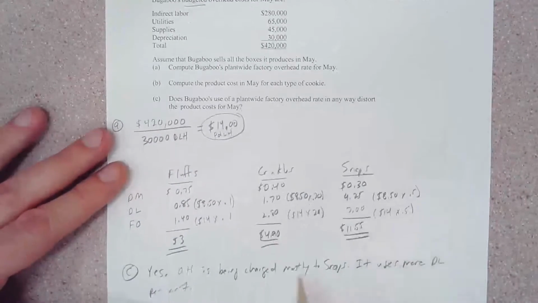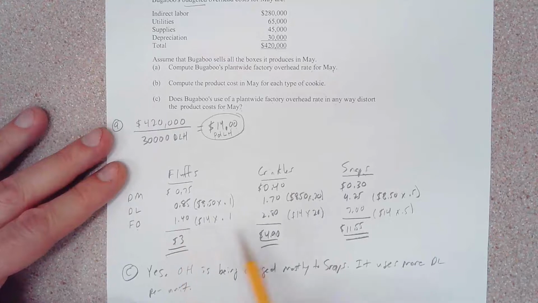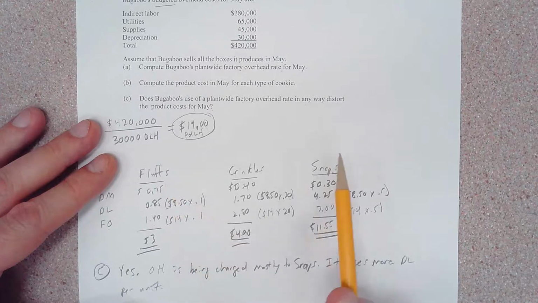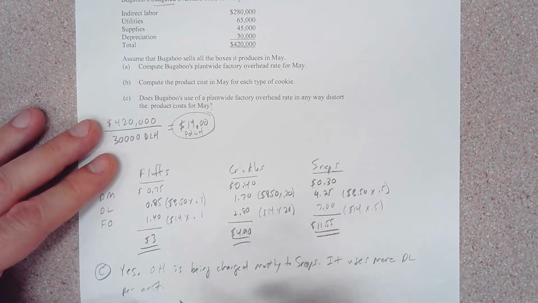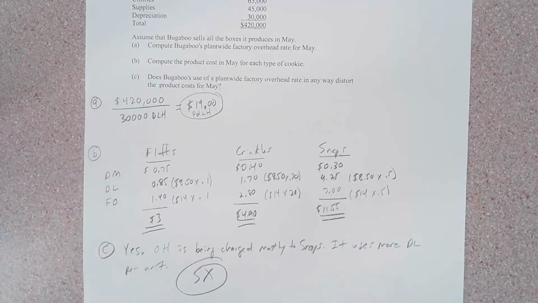But if we look at the overhead rate we determined, $1.40 for the fluffs and $7 for the snaps, $1.40 will go into $7 5 times. So even though we are making 4 times as many fluffs as snaps, our overhead per unit is being charged at 5 times the rate for snaps versus the fluffs. And that is inaccurate costing.